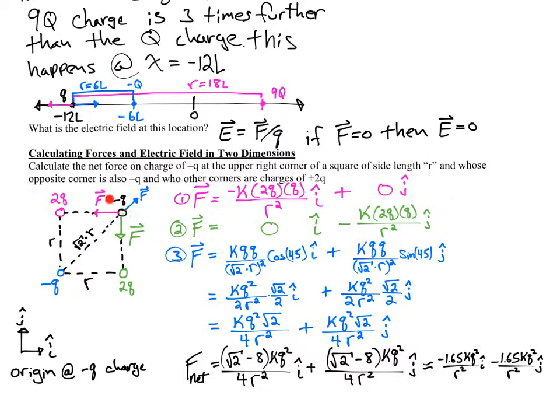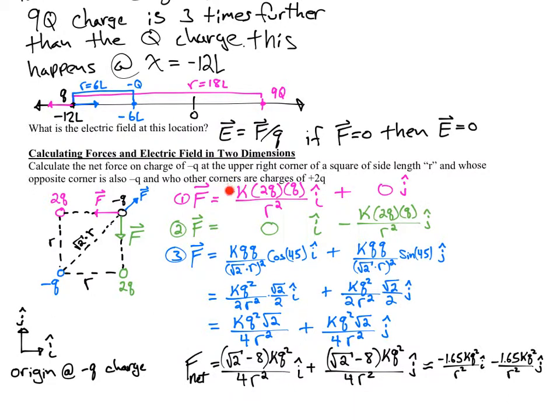Because this is a negative and these ones are positives, we're going to have attractive forces, and a negative here would have a repulsive force. We'll need to know the hypotenuse of this, and the hypotenuse of a square is rad 2 times the side length. So force number 1, which I'm calling the force on the -q due to the positive 2q up at the left corner, that's -2q times q over r squared in the i direction.